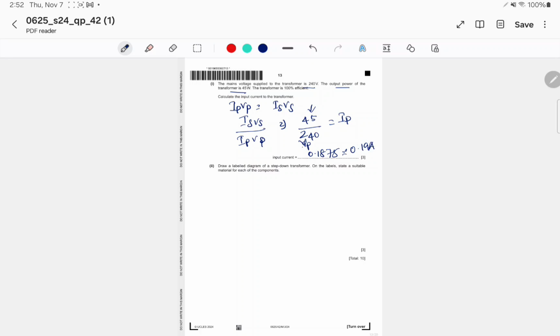Next, draw a labelled diagram for a step down transformer and state a suitable material for each of the components. So simply draw a rectangle.